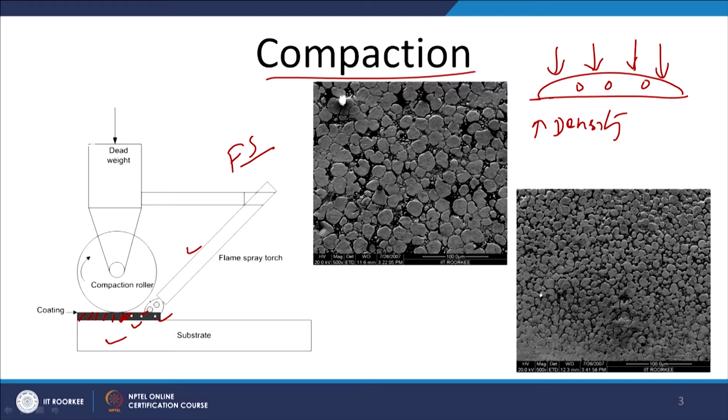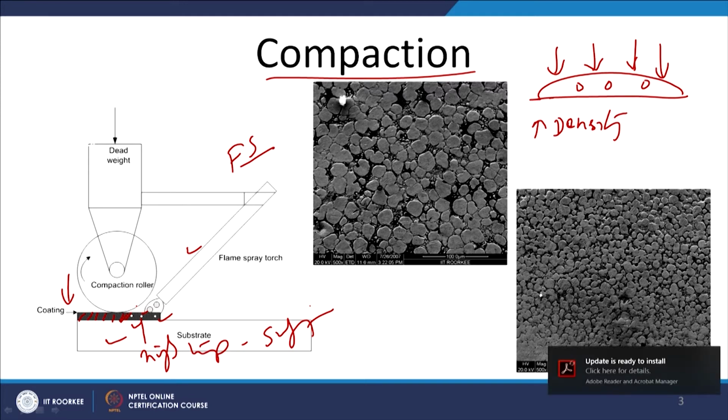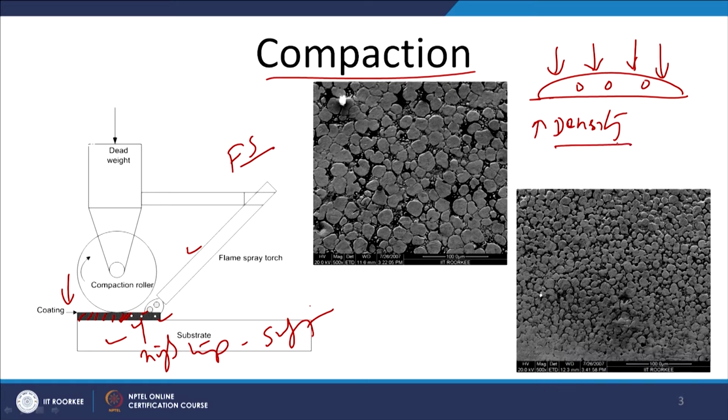To eliminate these pores, a roller is passed over the surface of the coating which has just been developed, which will also be at a high temperature, so at high temperature it will be soft. When the roller passes over the surface of the coating under pressure, it collapses all those pores and inclusions, making it more dense through the elimination of these pores.